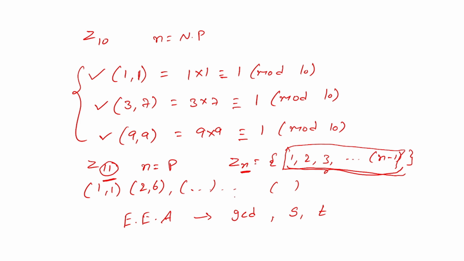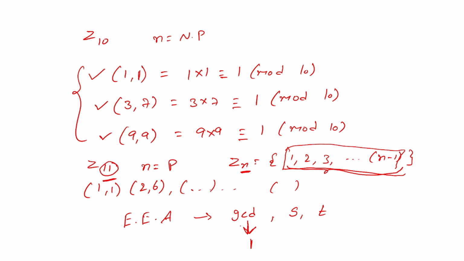How can you say whether the value has a multiplicative inverse or not? If GCD is 1, then we can say that value has a multiplicative inverse. If the GCD value is not 1, then it does not have a multiplicative inverse. If GCD is 1, then it has a multiplicative inverse. And what is that multiplicative inverse?